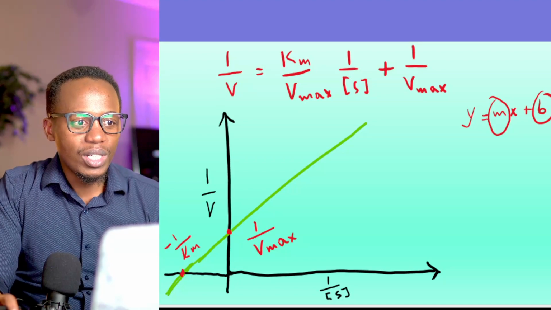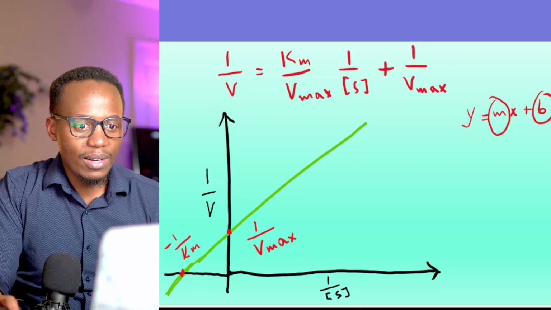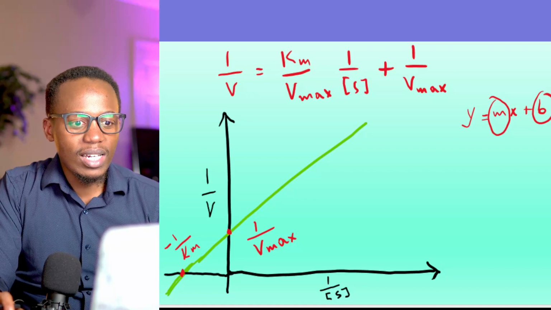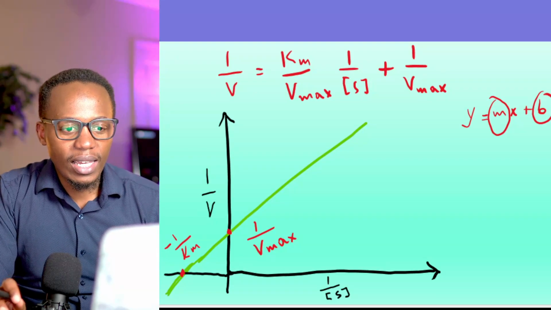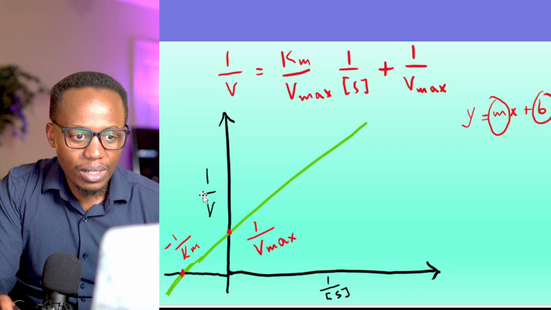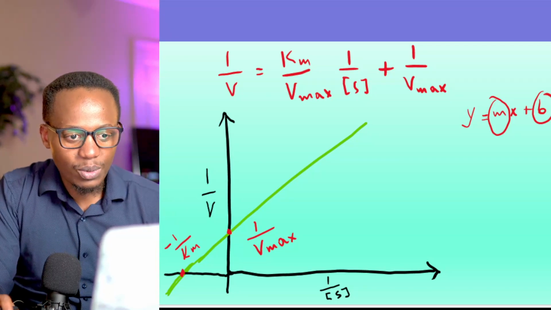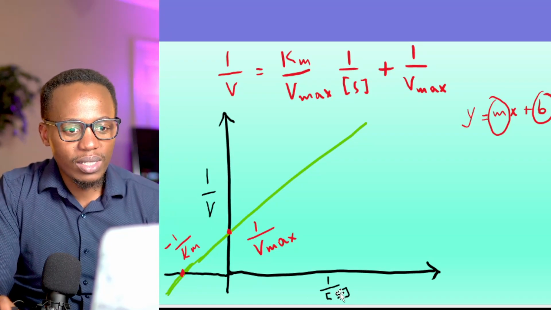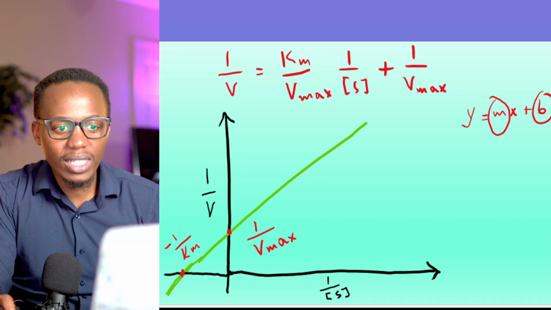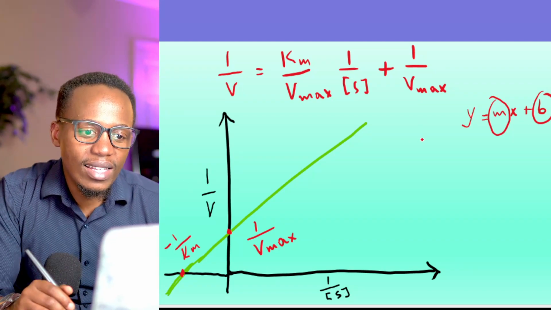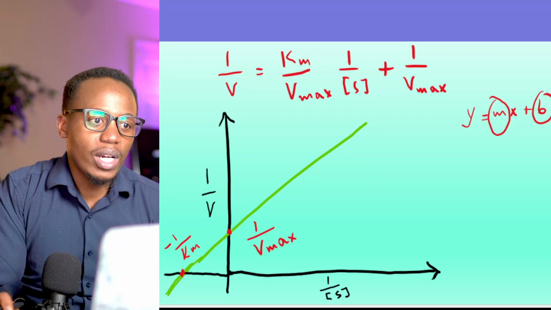So for example, let's say we run an experiment, and we have the rate and we have the substrate, and then we plot 1 over substrate versus 1 over rate, and then this line gives me an equation.